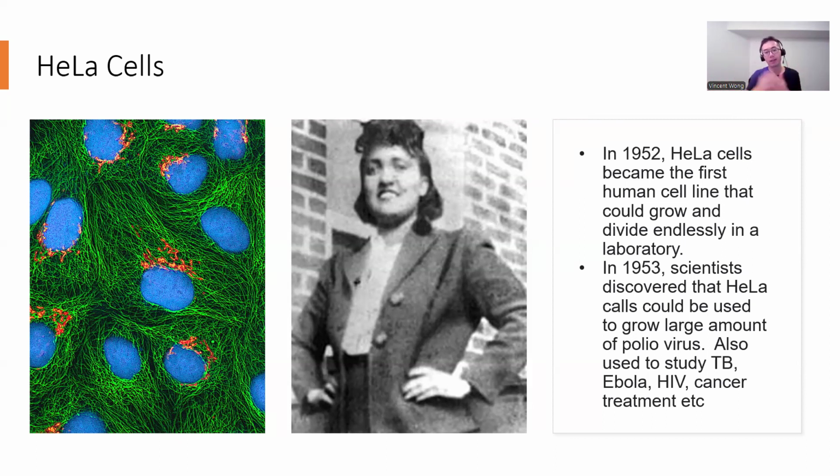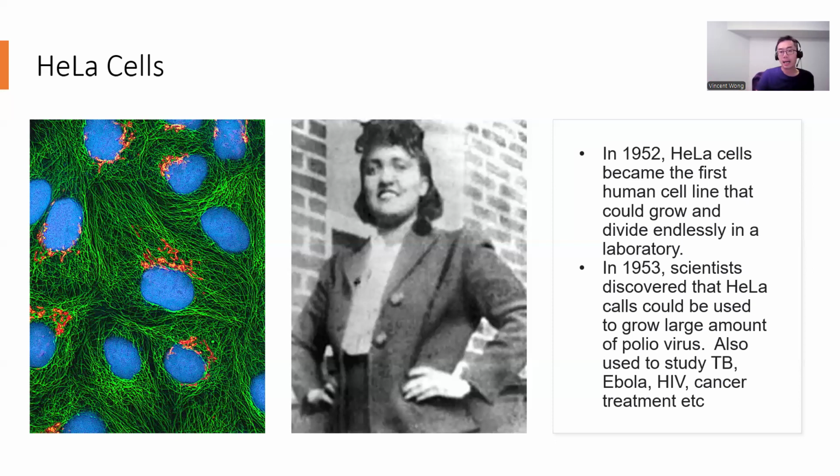If I take your healthy cells and grow them in a dish, they would be able to survive for some time. But even under optimal conditions, they would eventually stop dividing and die. But not the cancer cells. Cancer cells can grow virtually forever as long as you feed them.